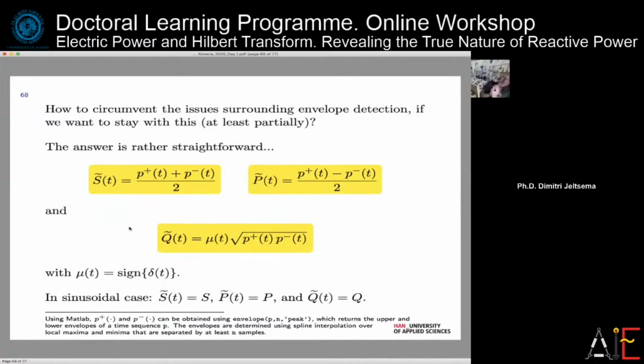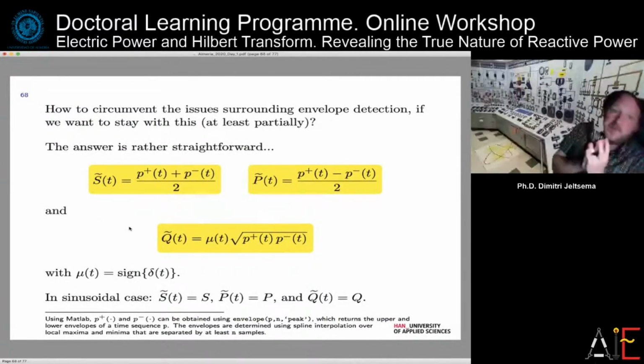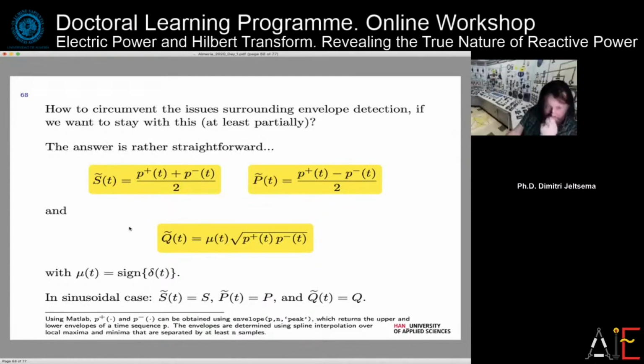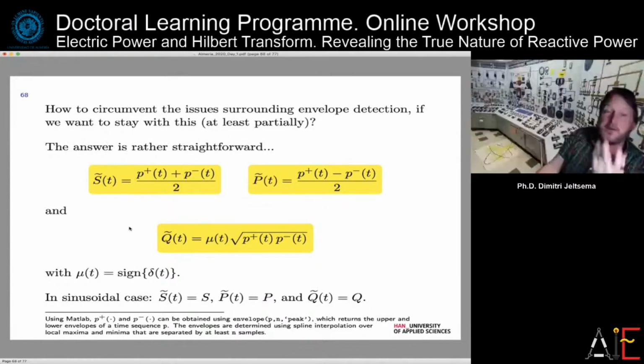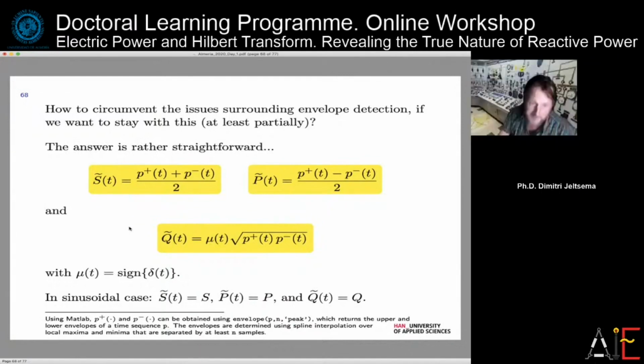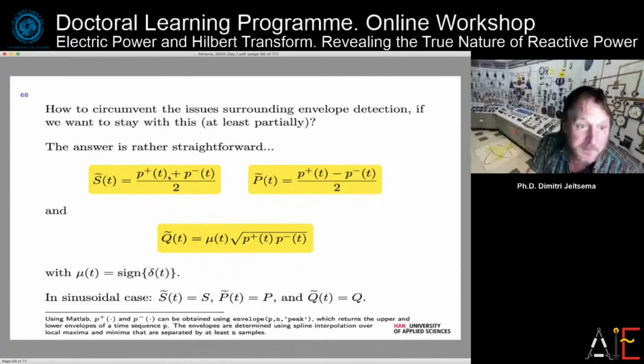There is one way to circumvent this whole Hilbert and analytical stuff anyway. The only thing is that I cannot guarantee whatsoever the validity of this approach. It all relies essentially on finding this P plus and P minus. In MATLAB, in the Signal Processing Toolbox, you have this function called envelope.